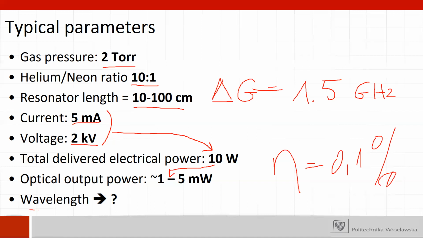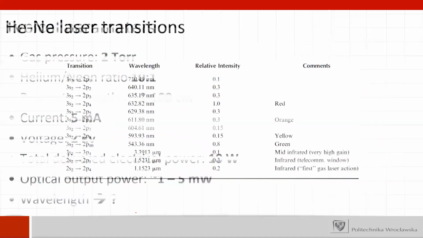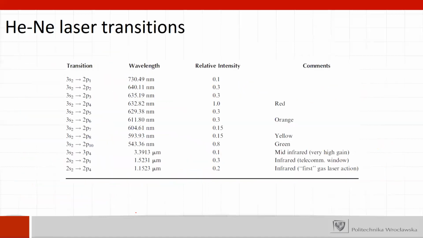Regarding the wavelength, we can choose between plenty of transitions that are possible in neon atoms that correspond to different wavelengths. Here you can also see the intensities of these transitions.